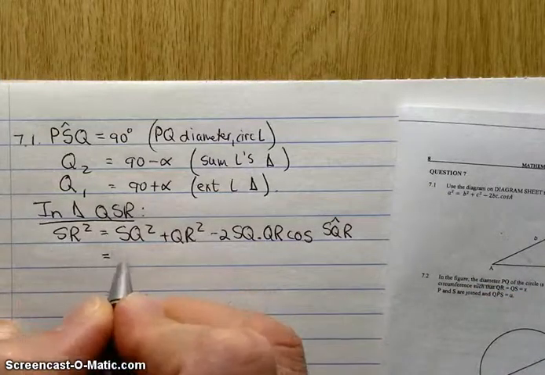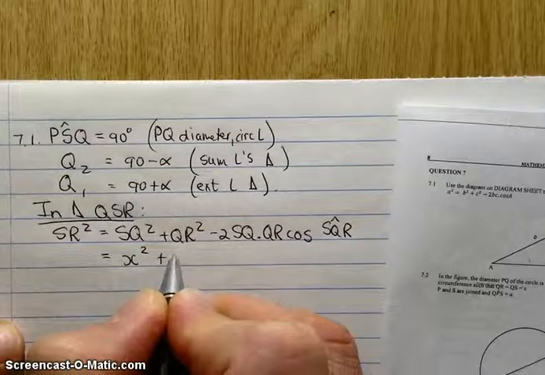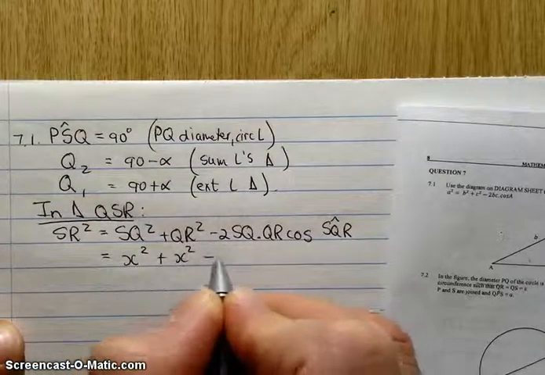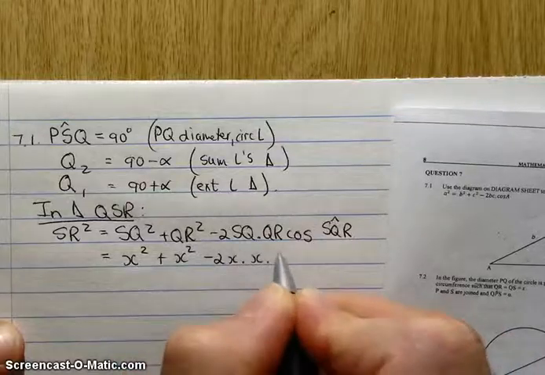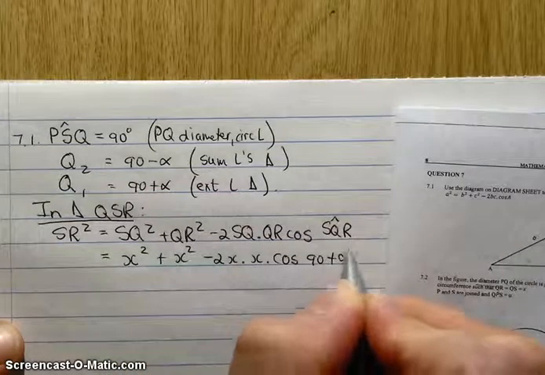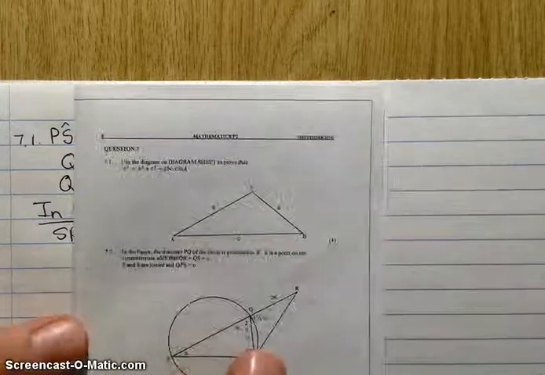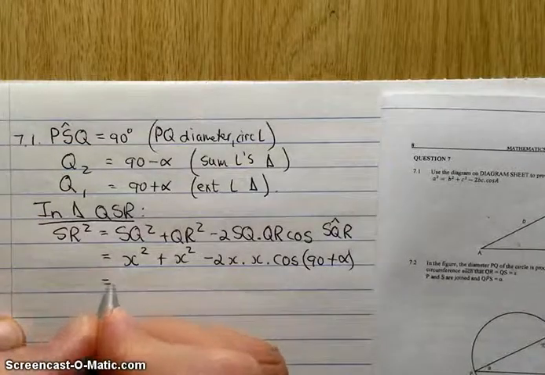And now I'm going to fill in my values. SQ was given as X, QR was given as X, minus 2 times X times X times the cos of 90 plus alpha, because that was the angle that we determined. Then simplify all of this.